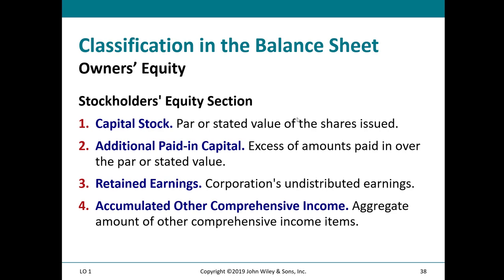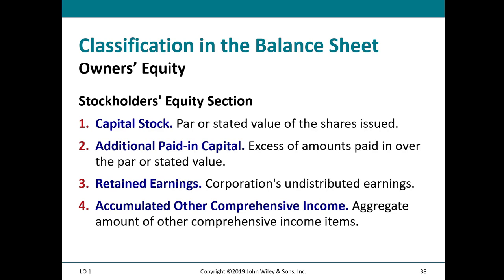Now we're into the final section of the balance sheet, owner's equity. If you have a sole proprietorship, there is only going to be one equity account, owner's name, capital. If you have a partnership, each partner has one equity account, owner's name, capital.